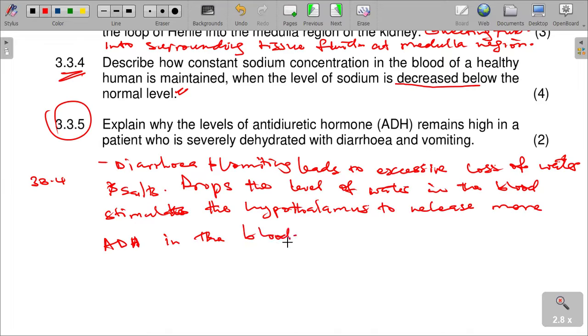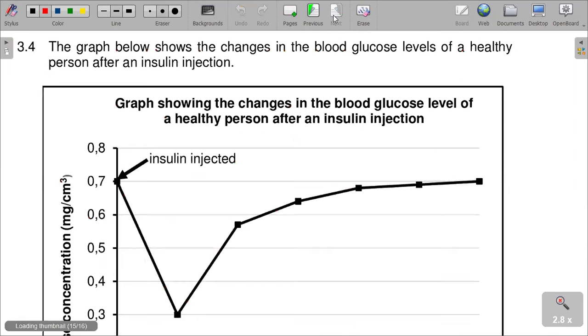That is the reason why the ADH remains high.